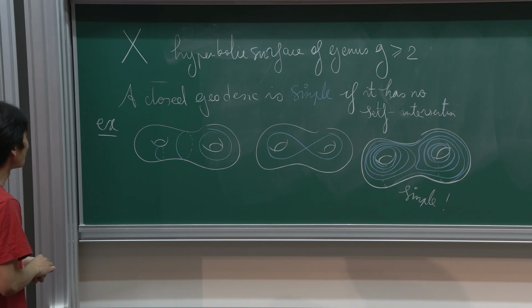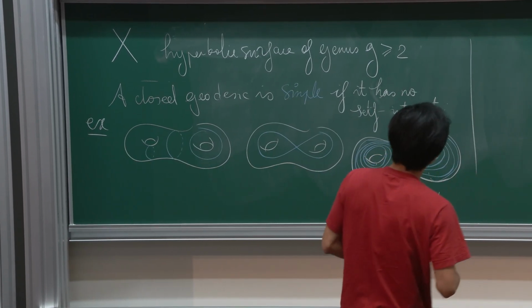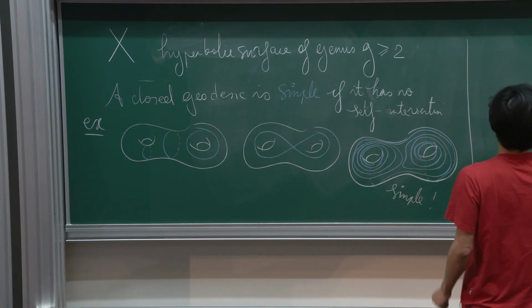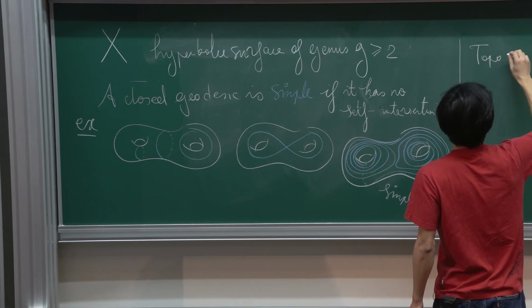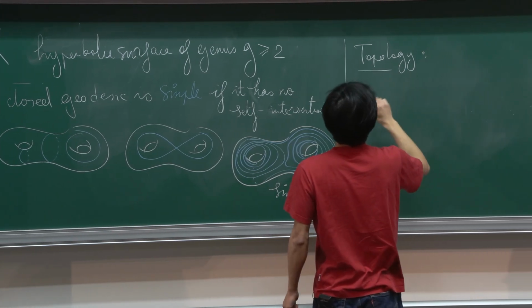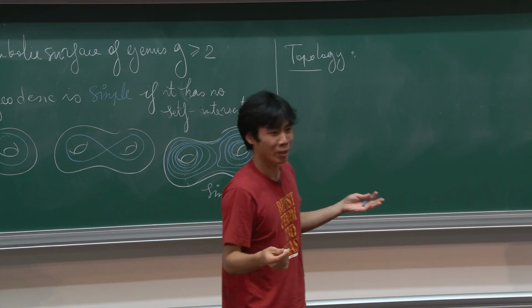Okay, some examples. What I'm interested in for those simple geodesics, you can always ask questions from two points of view. Topologically, the simplest question that you can ask is whether it's separating or not.